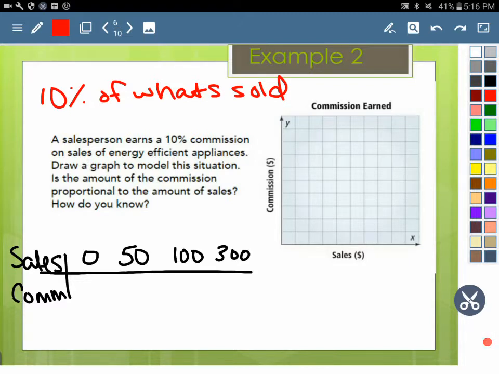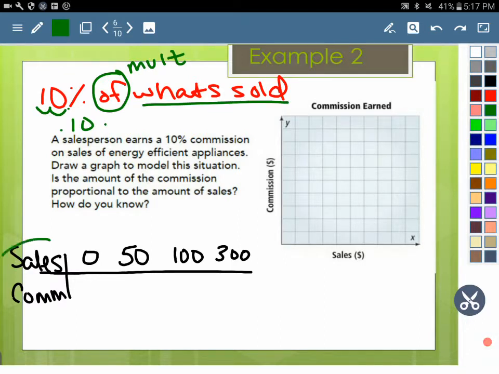Well, 10%, if we were to move the decimal place over twice, that's how we make it into a decimal. So this is 0.10. The word "of" means multiplication, so I'm going to translate that into a multiplication symbol. And then what's sold is x. So this is 0.10 times x. So that's how I'm going to figure out what all the commission is.